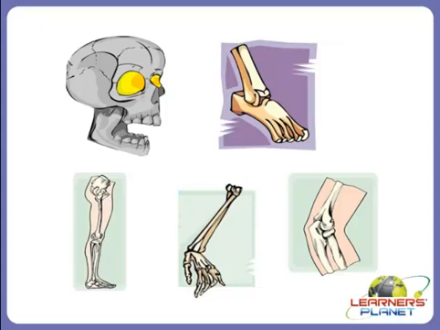Now we will see the various types of joints in our body. Here we can see that this is a neck joint through which we can move our head and the neck.